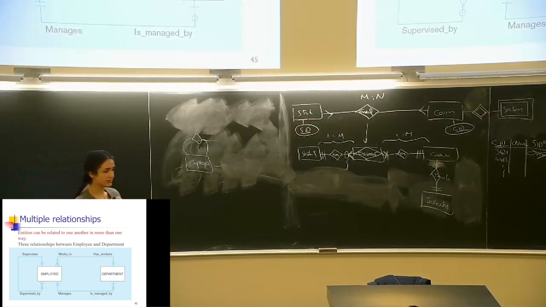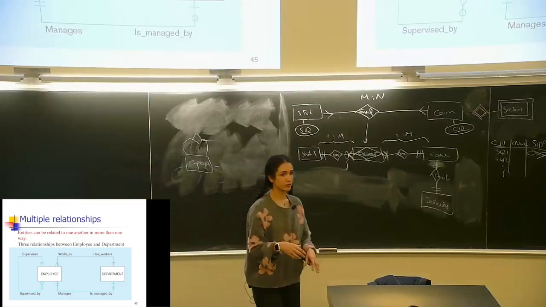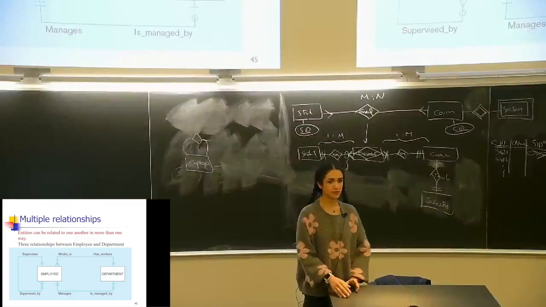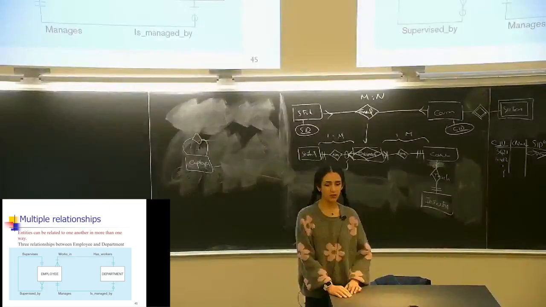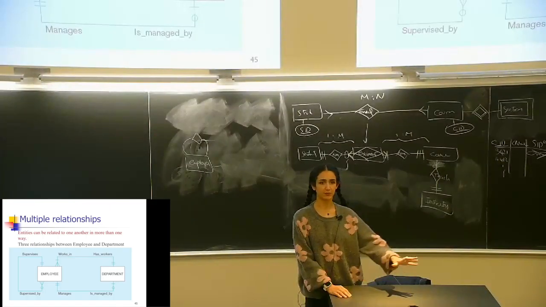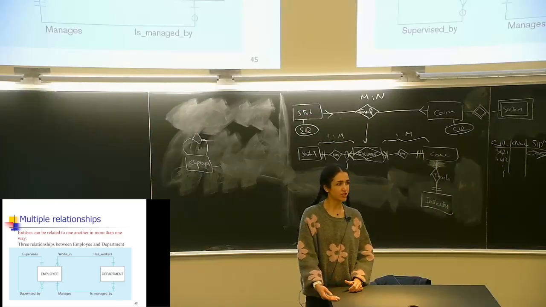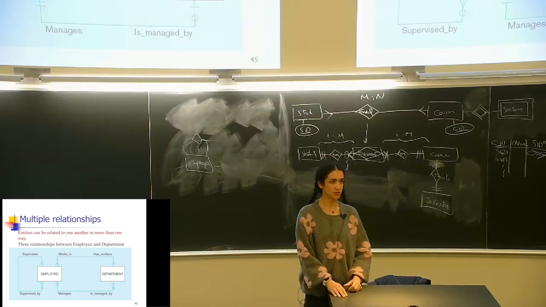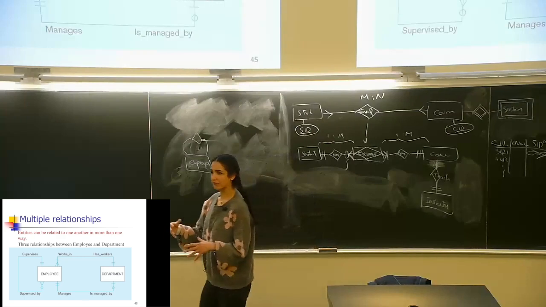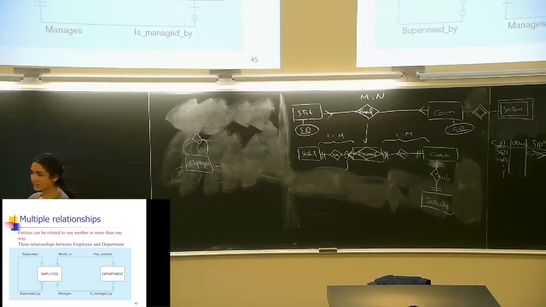For instance, let's say employees at York. You consider professors, even if you have a separate table, let's say, for professors. Some professors are maybe, for example, chairs, right? Department chairs, and so on. So they have managerial roles. If that's the case, then you have this type of relationship, right?